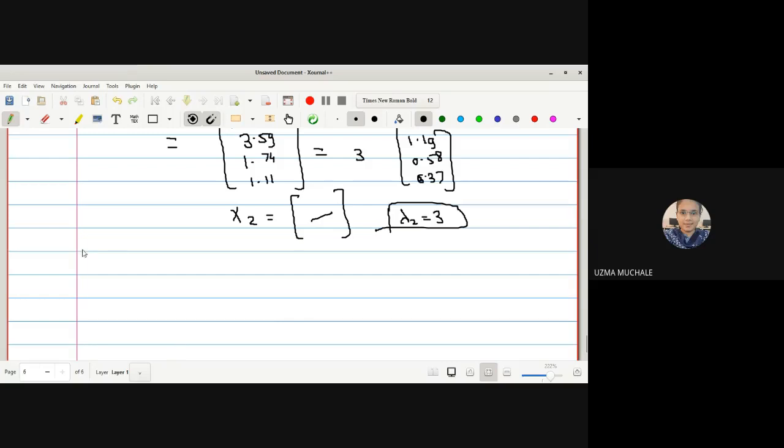Again we have to proceed so that we can get the correct eigenvalue. Since initially we got 8, and lambda 2 we are getting 3, let us calculate Ax2. A is with us, x2 is also with us. Multiply these and we'll get the next one.